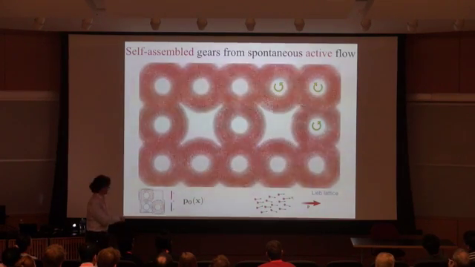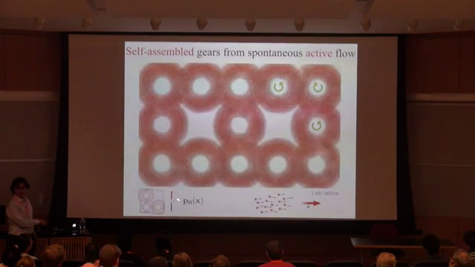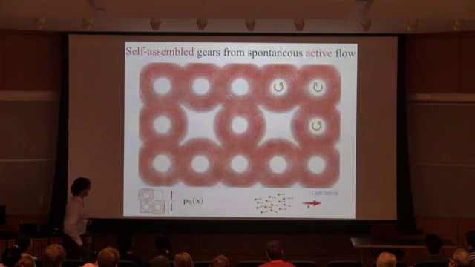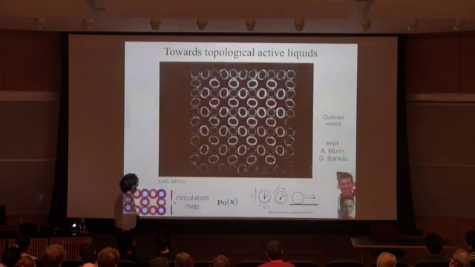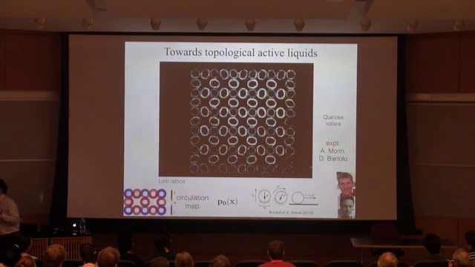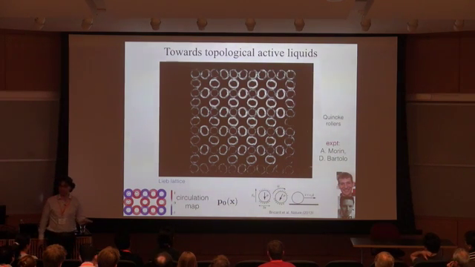Counterclockwise. So this is exactly the alternating pattern of circulation that I illustrated in red and blue here. Is this clear? So, this is an illustration which was constructed using the simple numerical model that I showed you. But it can be done also with real active fluids.